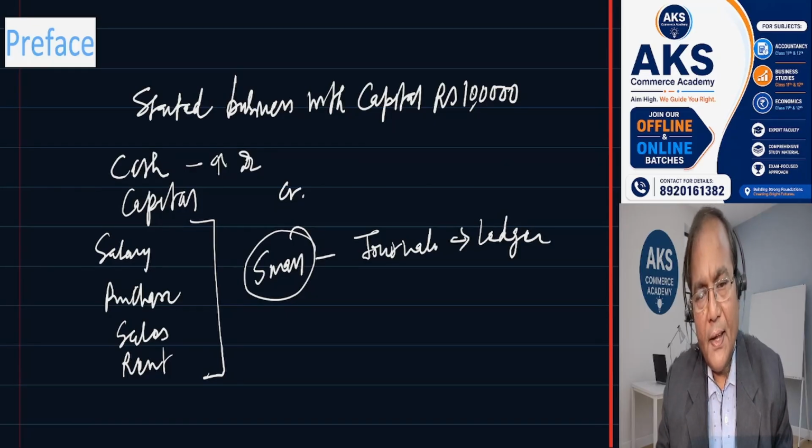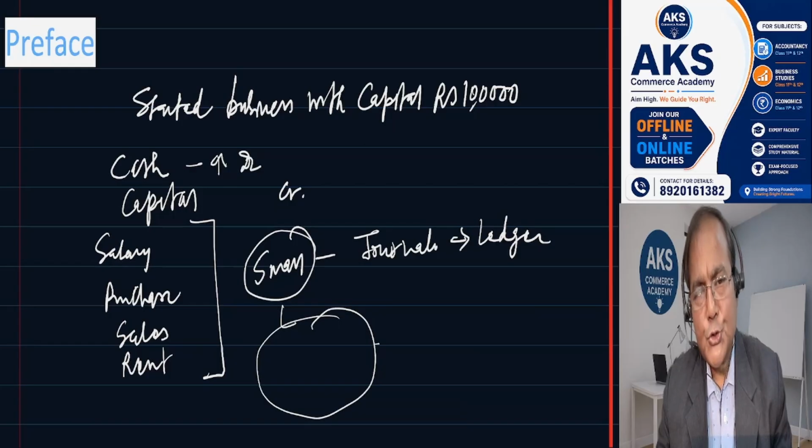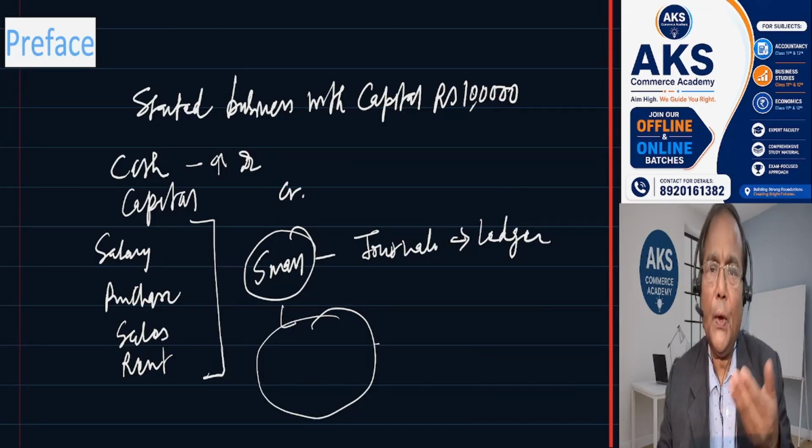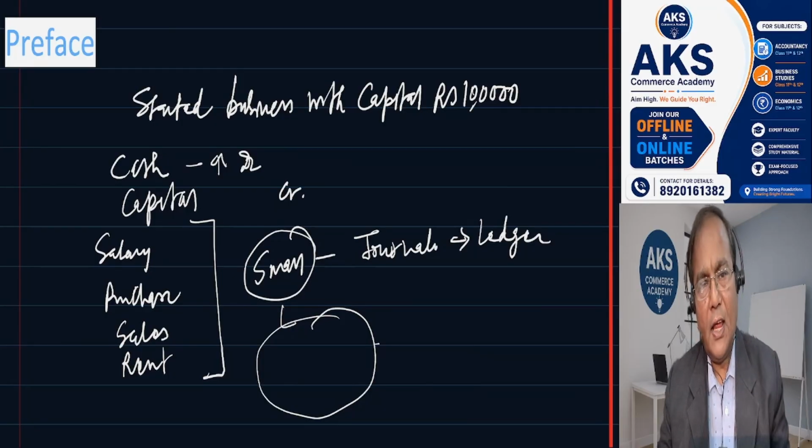But when the organization goes bigger, there is the likelihood of so many transactions. The number of transactions is likely to increase as the scale of operation of the business increases.